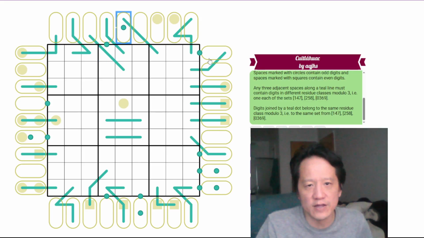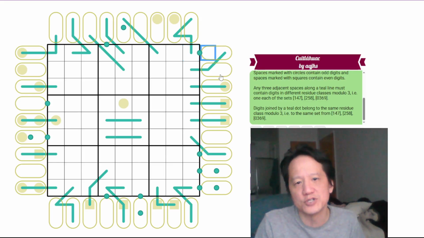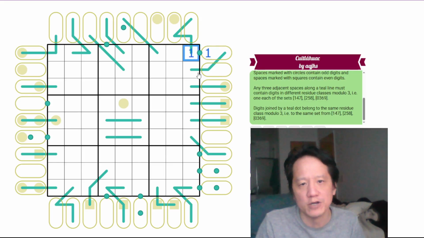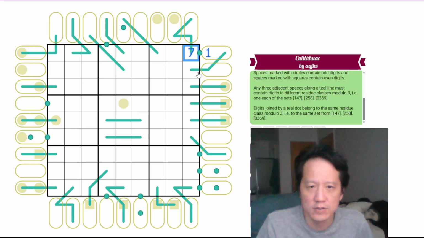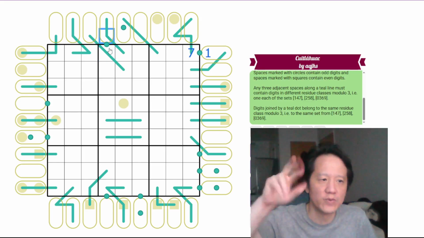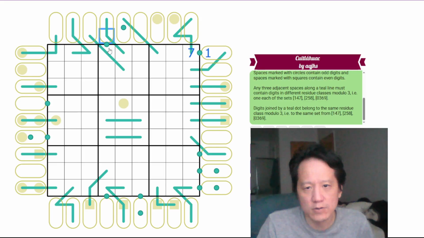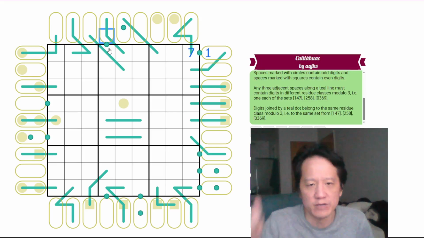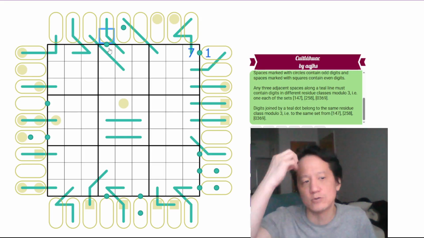So these digits, for example, here, are of the same remainder class. If this were a 1, this would have to be a 1, a 4, or a 7, because any two digits separated by one of these teal dots are in the same remainder set: 1 modulo 3, 2 modulo 3, or 0 modulo 3.